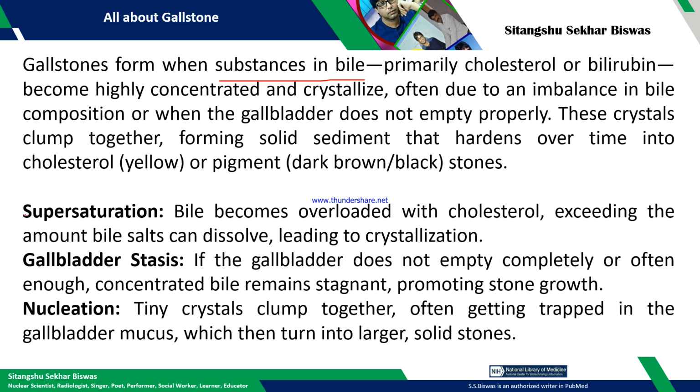So the process of forming a gallbladder stone begins with supersaturation, when the bile becomes overloaded with cholesterol, exceeding the amount of bile salt. This increasing concentration eventually leads to crystallization.